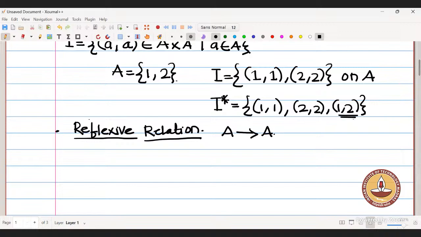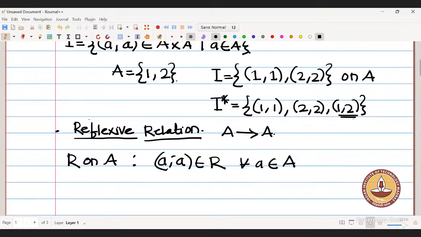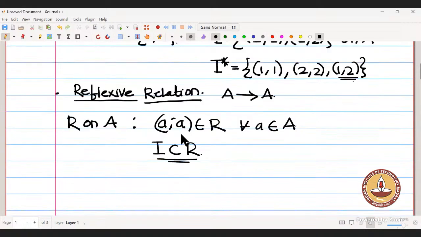Yes, (a, a) belongs to the set R. Correct. So a relation R on A is reflexive if (a, a) is in R for all a in A. In particular, if the identity relation is a subset of the relation R, then I can say that R is a reflexive relation.